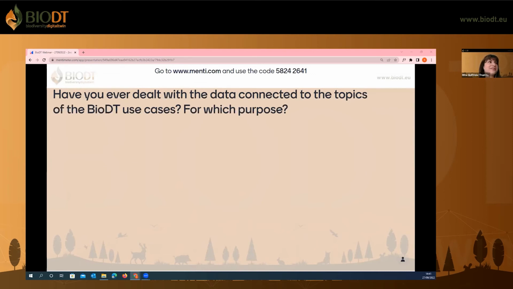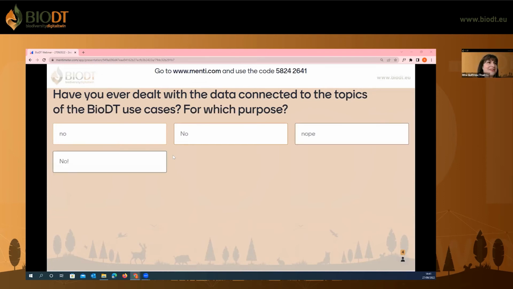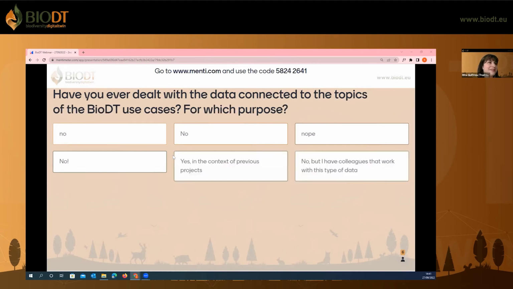The first question is a little bit more technical compared to the first Menti question. Here we're curious to know if you have already worked with some data that are used by our use cases, and for which purpose. Okay, so it seems that the use cases we're developing are very innovative. As of now, they are very new.